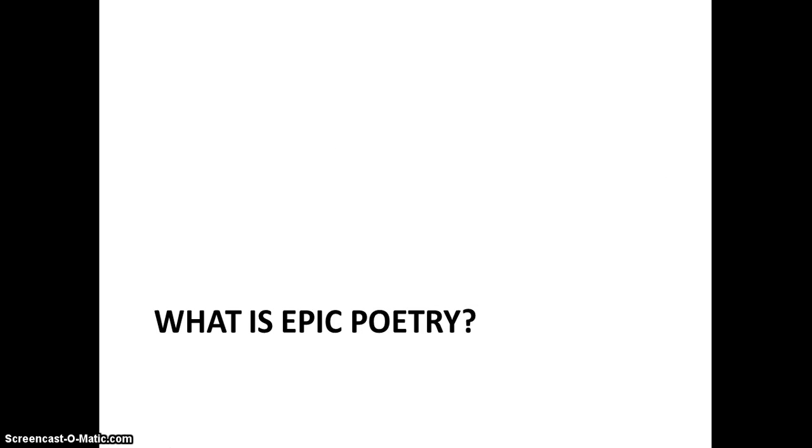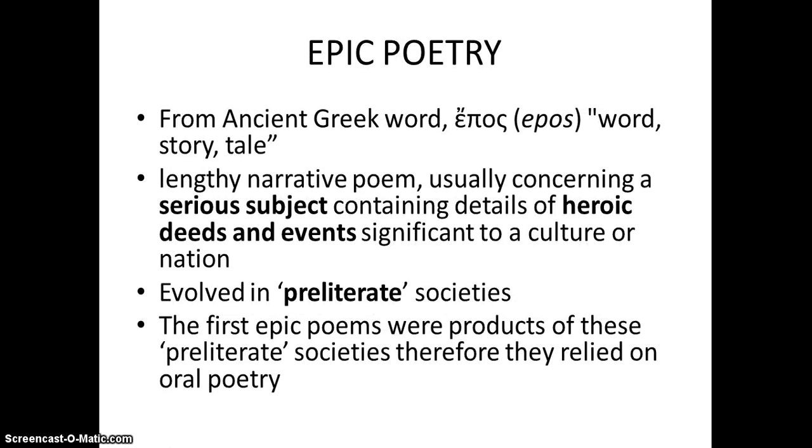So what is epic poetry? Epic poetry comes from the ancient Greek word epos, meaning word, story or tale. It's a lengthy narrative poem, usually concerning a serious subject, which contains details of heroic deeds and events significant to a culture or nation.